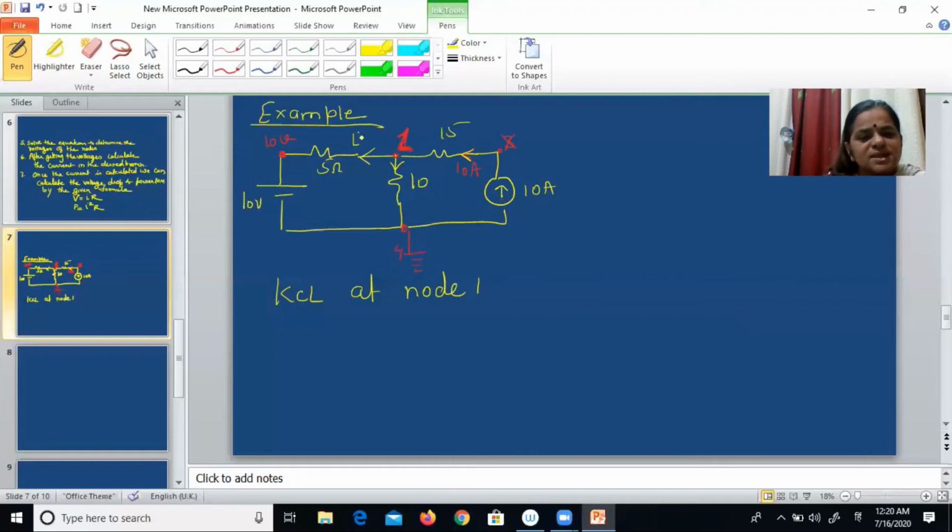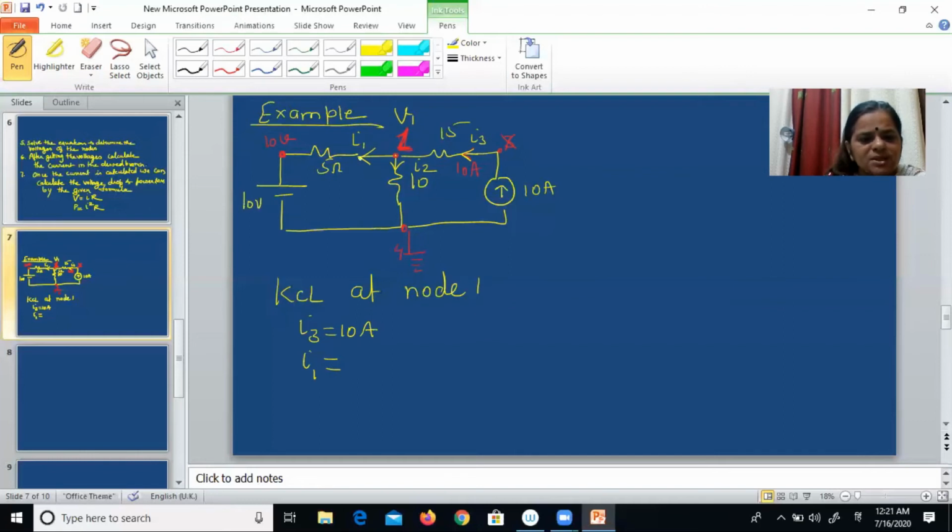Now suppose this is I1, this is I2 and this is I3. What is KCL? Incoming currents are equal to outgoing currents. What is I3? I3 is 10. What is I1? The direction of current I1 is from node 1 to this point. Suppose the unknown voltage at node 1 is V1.